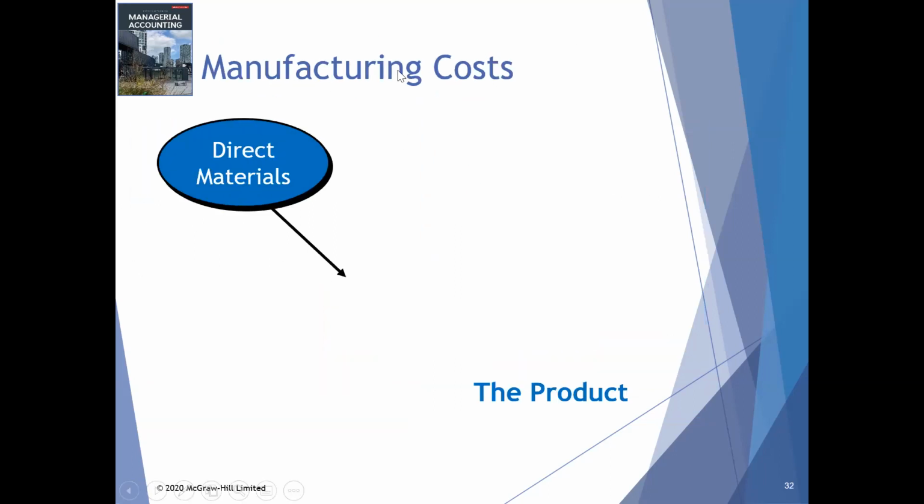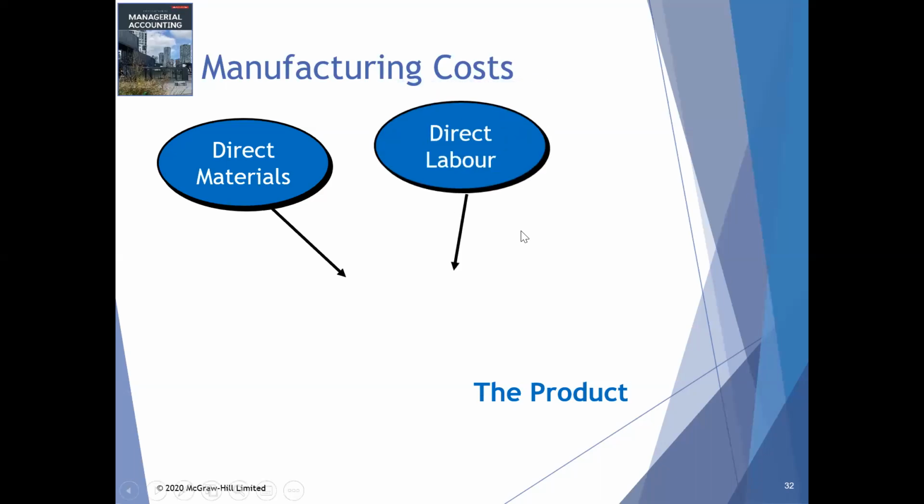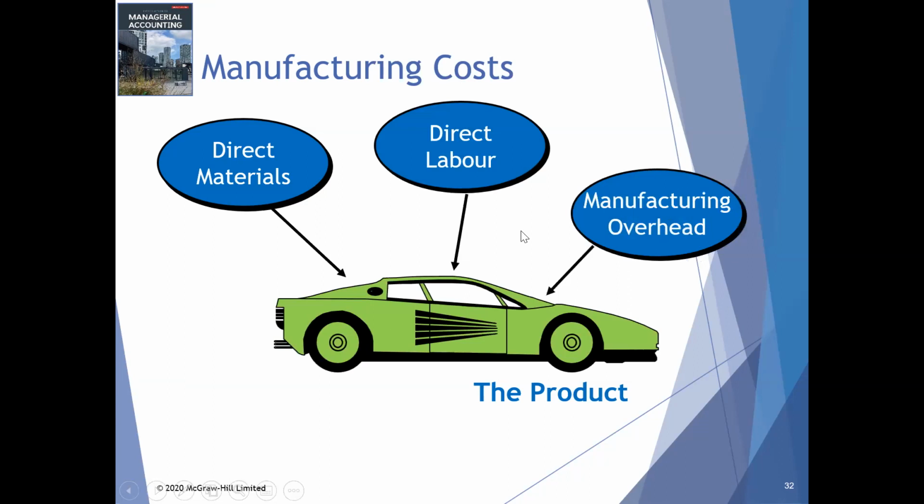Now let's talk about the manufacturing cost. If you talk about the manufacturing cost, then there will be direct material, direct labor, and manufacturing overheads. In this case, direct material, like iron and everything that is bought, then direct labor, and manufacturing overhead.